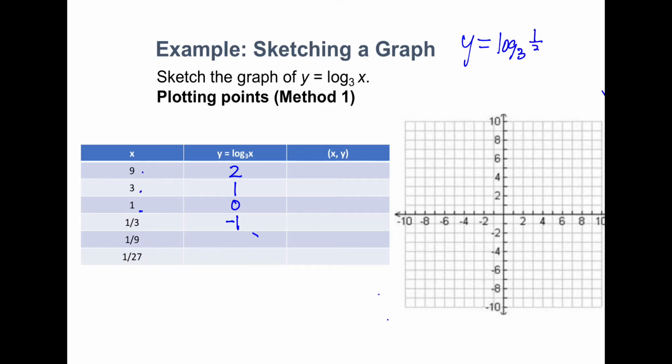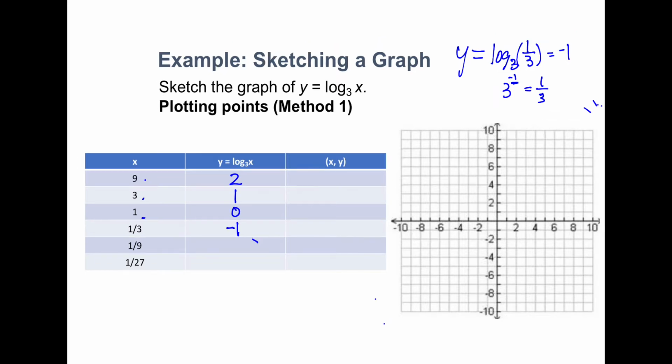Log base 3 of 1/3. So we're ostensibly thinking 3 to what power results in 1/3, and the idea there is 3 to the negative 1. So my log base 3 of 1/3 is negative 1. This will be negative 2, and of course this will be negative 3.